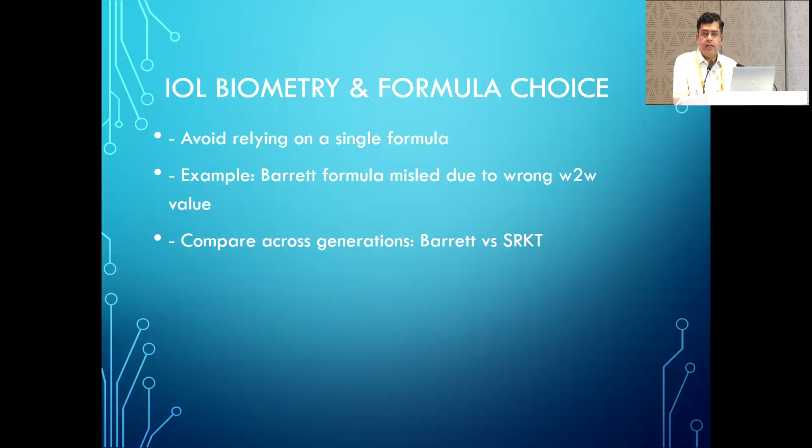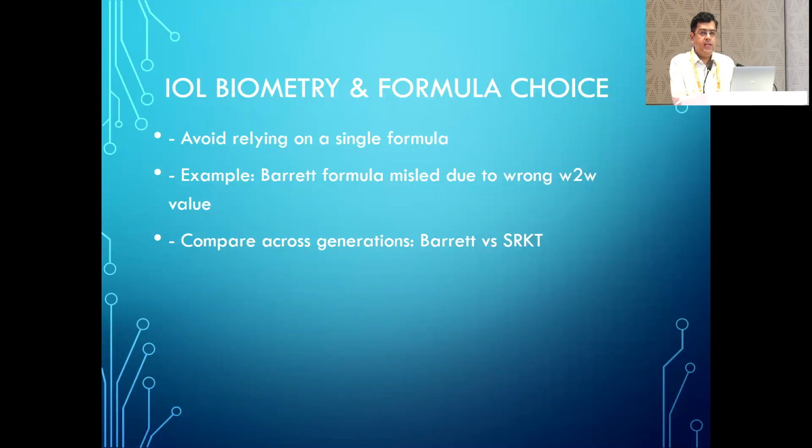I went with the Barrett formula because I was using Barrett only, and then I was in for a surprise. The reason being, in that patient the white to white measured by the IOL biometry was around 7 millimeter. So the Barrett formula gave a different IOL value for that patient, but the SRK/T was much closer to normal.